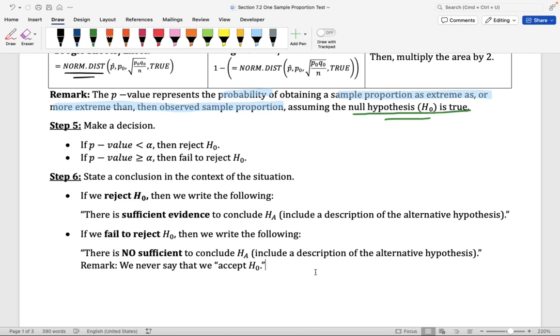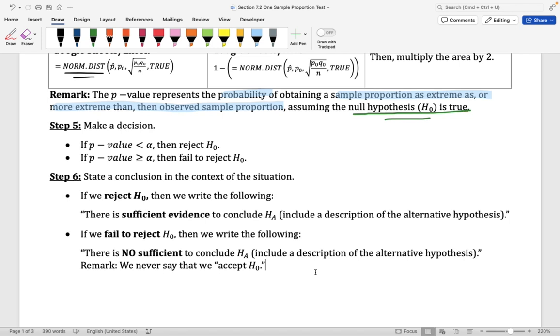But the idea here is that if we're rejecting the null hypothesis, then we did find sufficient evidence to go with the alternative hypothesis. Now, if you fail to reject the null hypothesis, then we're going to write the following. There's no sufficient evidence. We didn't find sufficient evidence to go with the alternative hypothesis. Okay? And again, you're going to describe what the alternative hypothesis is.